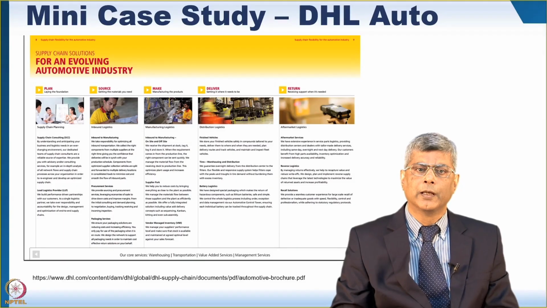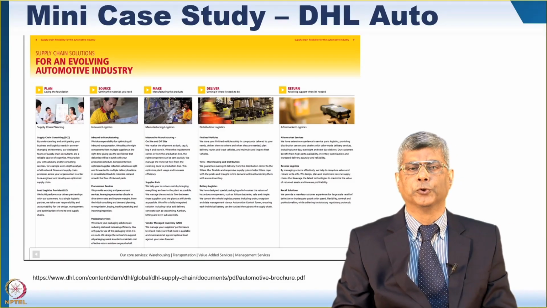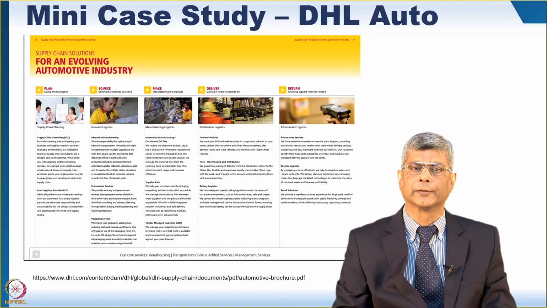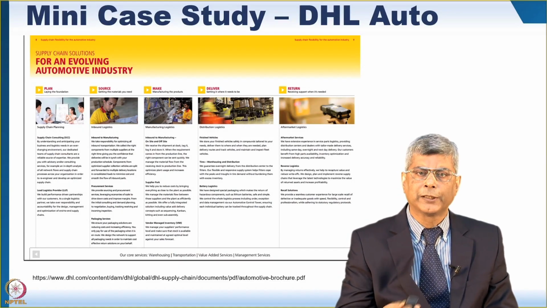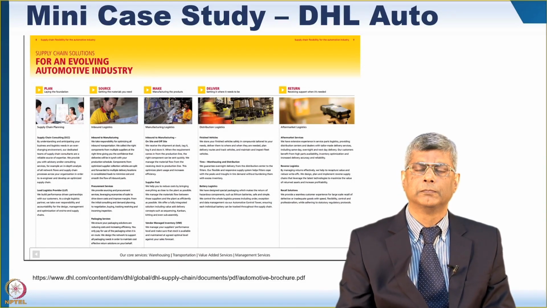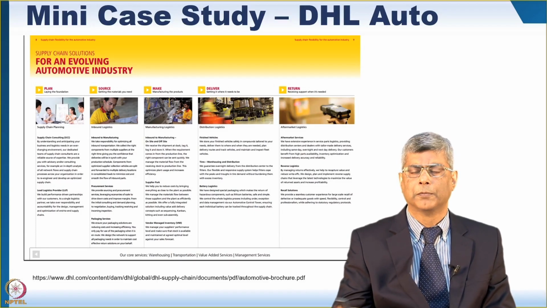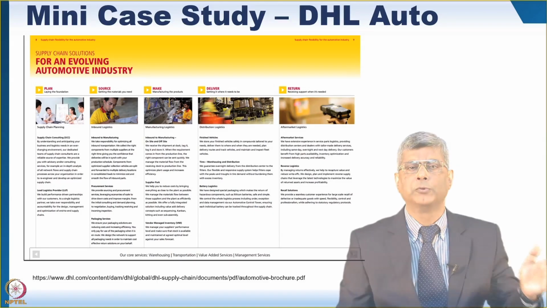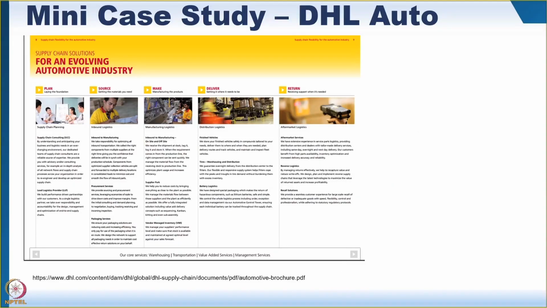And then you get into delivery of the finished goods, because the cars have to be taken out in specialized large vehicles. And also sometimes there are returns. The car may be returned to the factory. So there's a whole inbound, outbound logistics involved in automotive manufacturing.